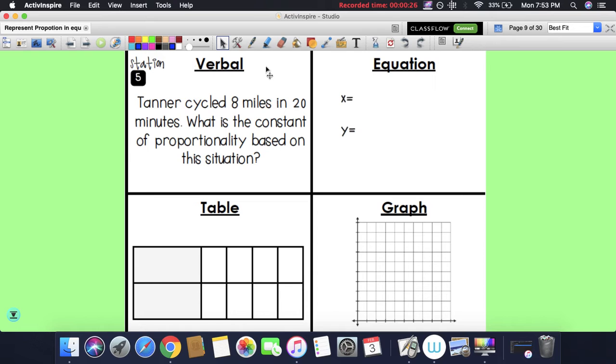And in this case, our y value is going to be our miles, and the x value is going to be represented by the minutes.